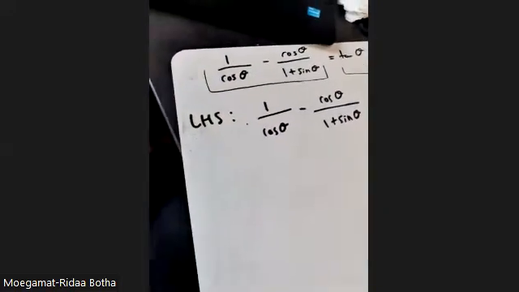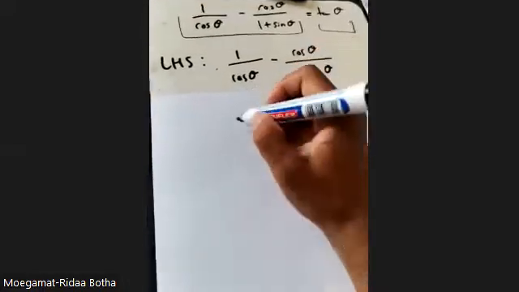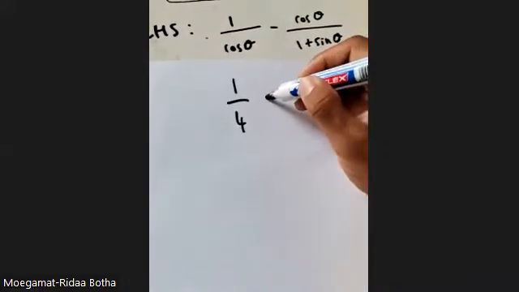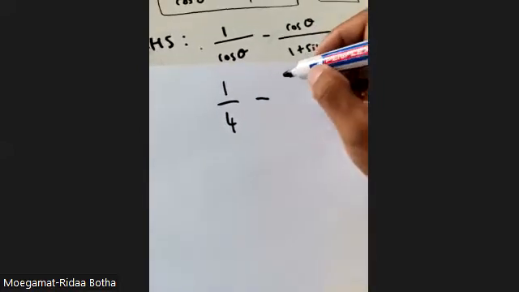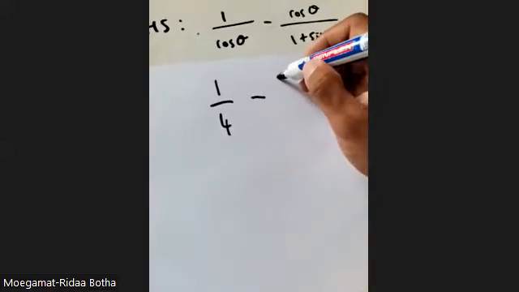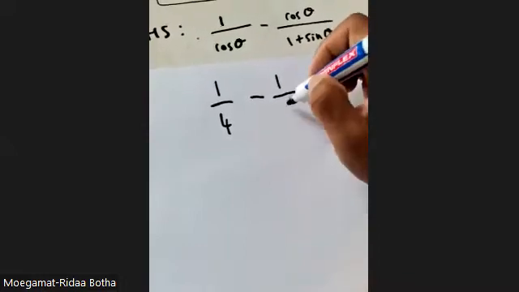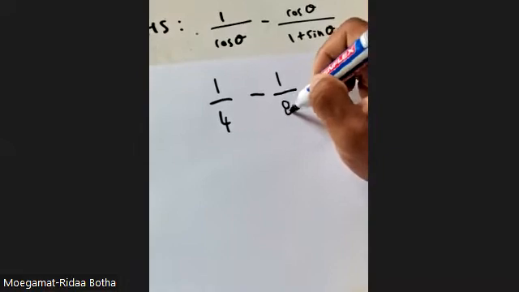So on the side, try to picture this. Let's say you have 1 over 4 minus 1 over 8.